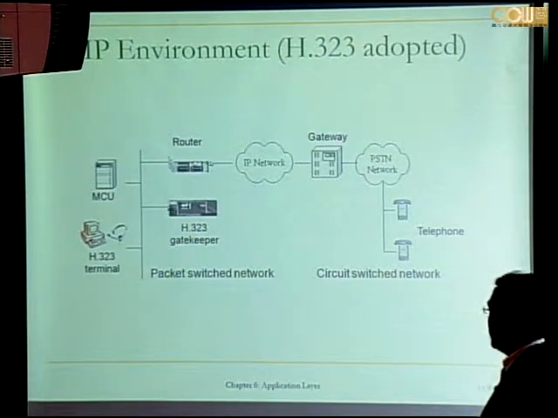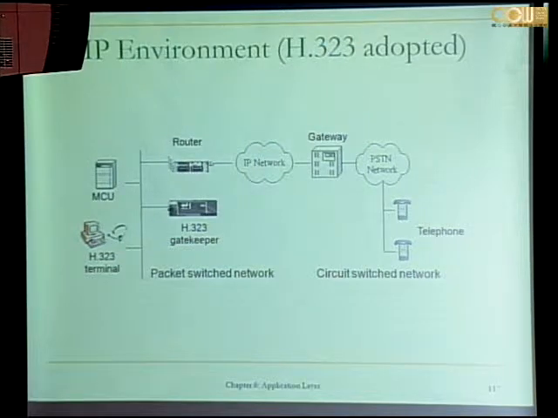The phone could be a software phone, which is software running on a computer, or it could be a real hardware phone supporting H.323. And then there will be a router that will get you to the internet.